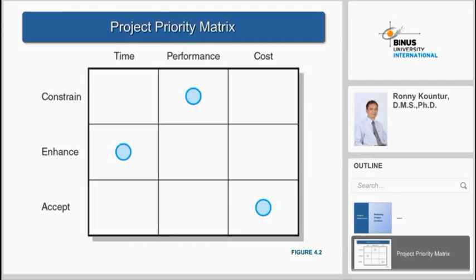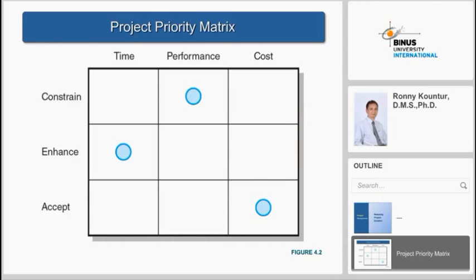When we talk about project duration, there are three factors that affect it. First, time; second, performance; and third, cost. If we want to shorten the time, it may affect the performance and cost.